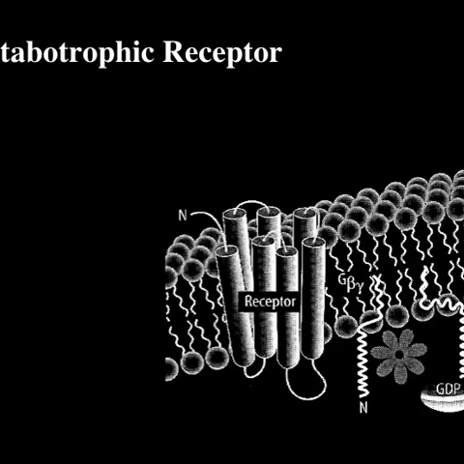If we look at a metabotropic receptor, there are similarities and there are differences. Similarities: it's a protein. It's embedded in the postjunctional cell membrane, and it crosses that membrane. It's a transmembrane protein. Another similarity, it has a binding site for its neurotransmitter outside the cell.